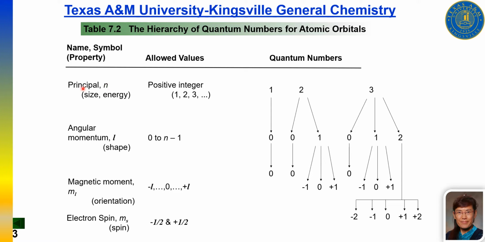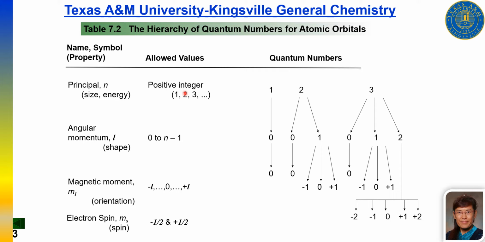This principal quantum number n represents the energy size, the magnitude of the energy. The allowed values are n equals 1, 2, 3, all the way to 7, meaning the bigger n is, the higher the related orbital energy will be.